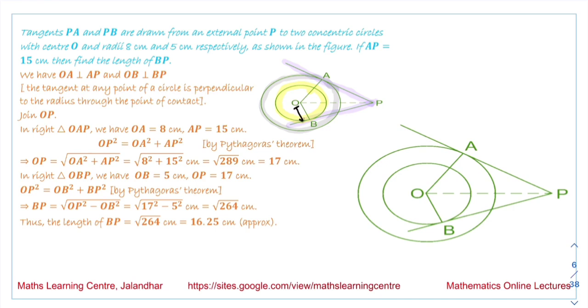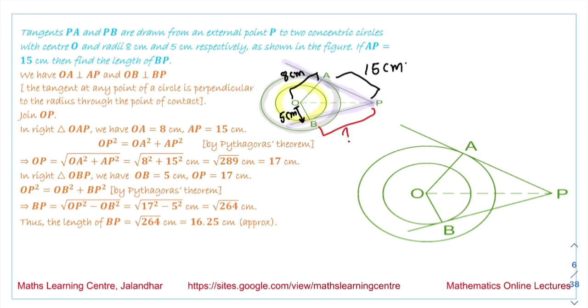So this length OB is 5 centimeter, and this length OA is 8 centimeter. If AP is given to be 15 centimeter, we have to find the value of BP.